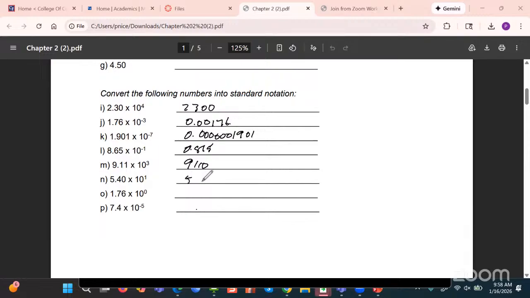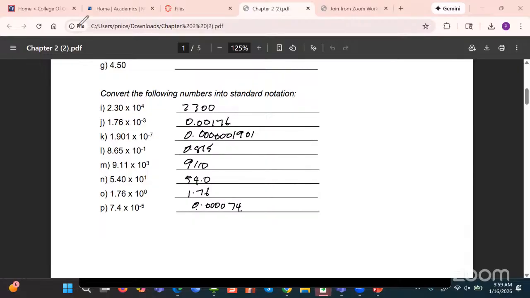Actually, it's 54.0, but I'll explain why the zero is added in this case later on. What about O? 1.76, and then P? 0.00074. One more zero, right? 4 zeros. Yeah, and then 74. Okay, very good.